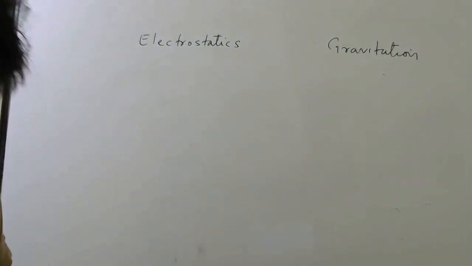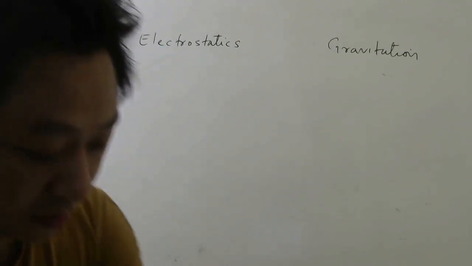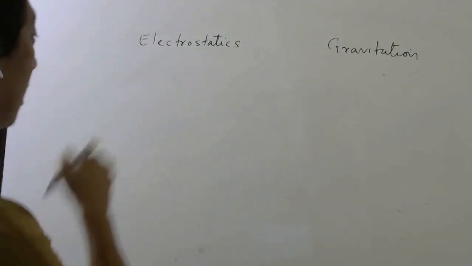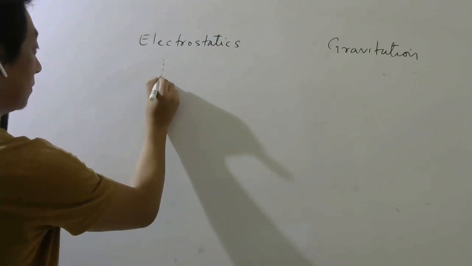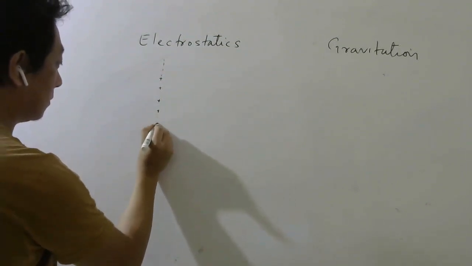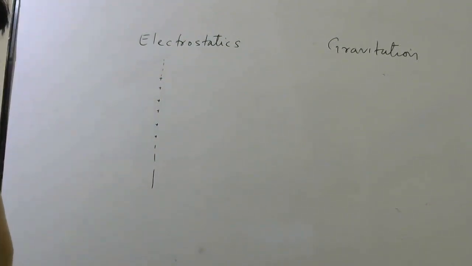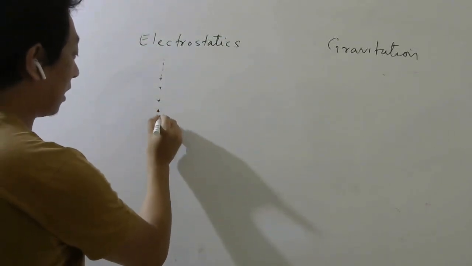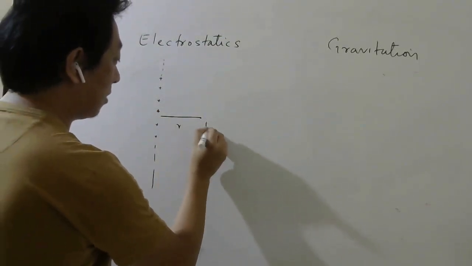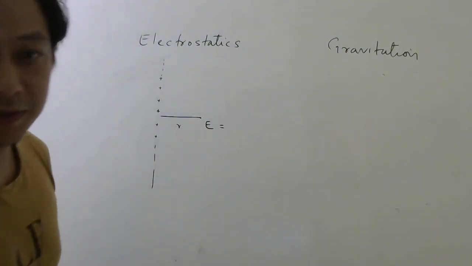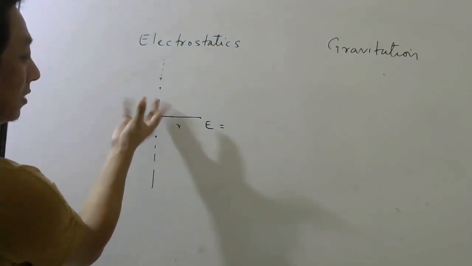Then in electrostatics, if you remember, if there is a line charge, an infinitely long line charge, then at a distance of r, if I want to find the electric field, it will be this way.